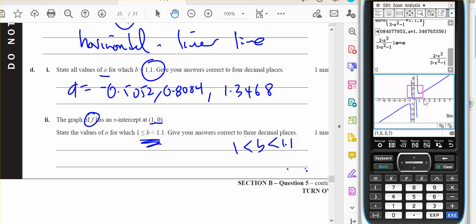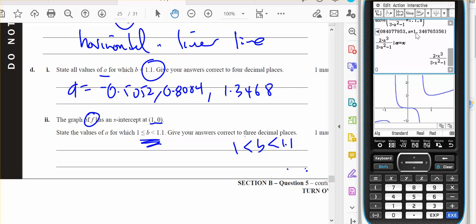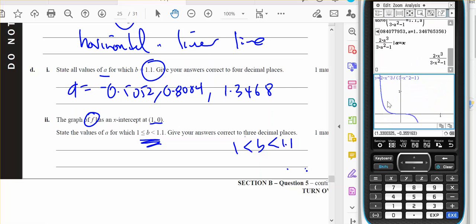And I've got to go between 1, there's the line of 1 and 1.1. Golly. So I've got some values of x between these two, remembering that 1.1 is the green and I can equal the green.